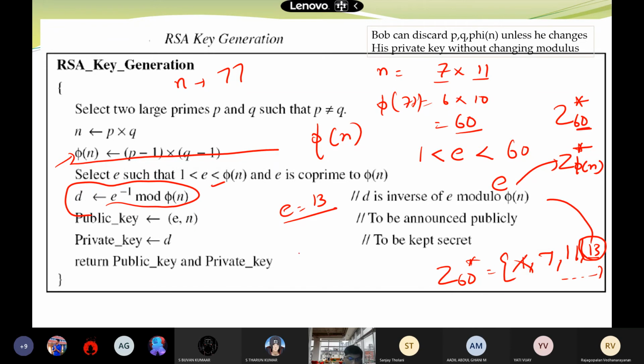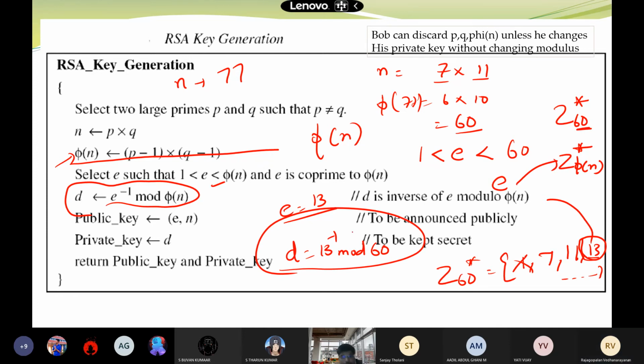Using 13 now, I have to find out D. So what is going to be D? D is going to be 13 inverse mod, please be very careful, don't put 77 here. It's going to be 13 inverse mod 60. So you have to calculate what is 13 inverse mod 60. 73? So you have already done that.